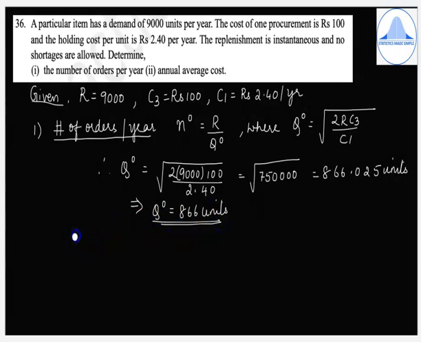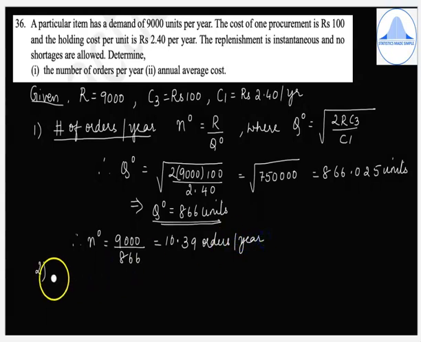Therefore N naught is equal to 9000 divided by 866, which is 10.39 orders per year. Next, let us find out the annual average cost.